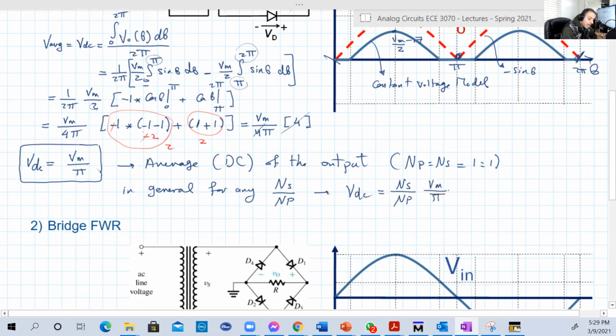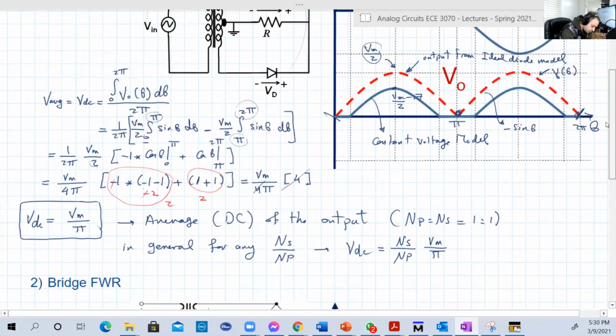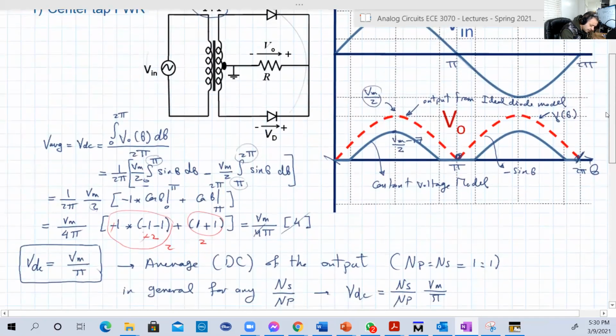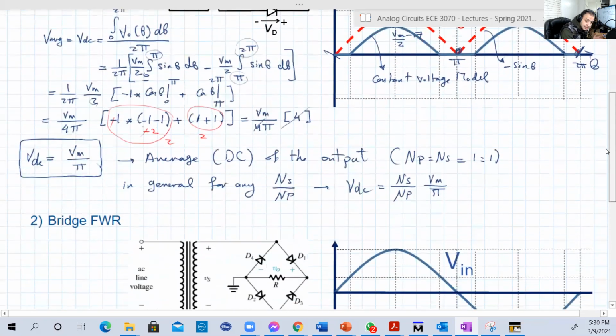I mean, if the relation is 1-to-2, the secondary turns are double the primary turns, it will be 2 V max over pi, which is double the half-wave rectifier. If it's 3-to-1, it will be triple and so on. I mean, it's controllable, and that's good, of course. Okay, that's basically the DC output in the center tap.